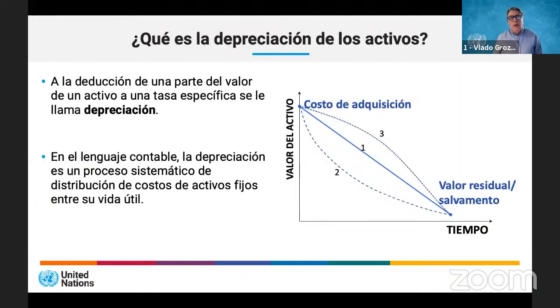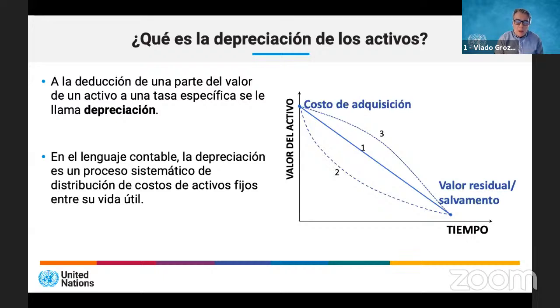So what is depreciation? We discussed depreciation yesterday, and we give the definition. Deduction of part of the asset value at a specific rate is called depreciation.